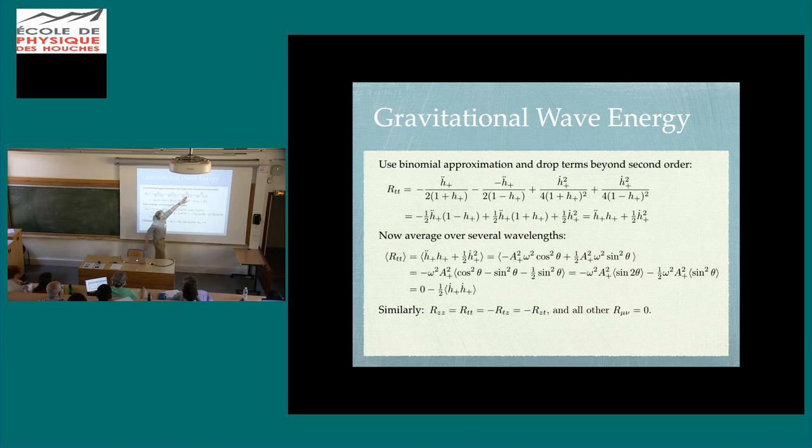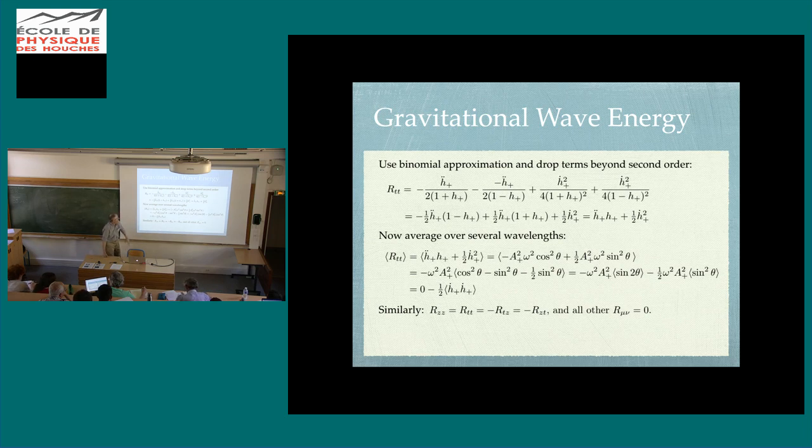The second order terms for here and here are the same, they add up to this. But the first order terms, if I use the binomial approximation here and here, then the leading term involving just the h double dot cancels out, and I'm left with this second order correction.